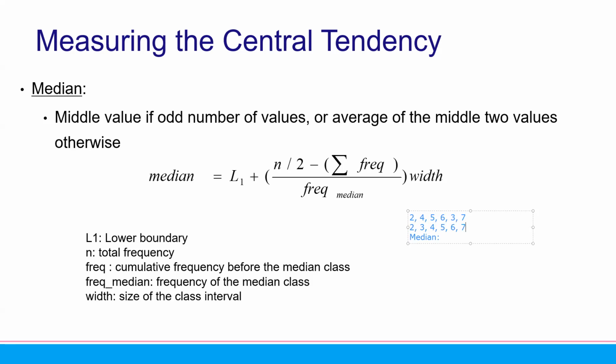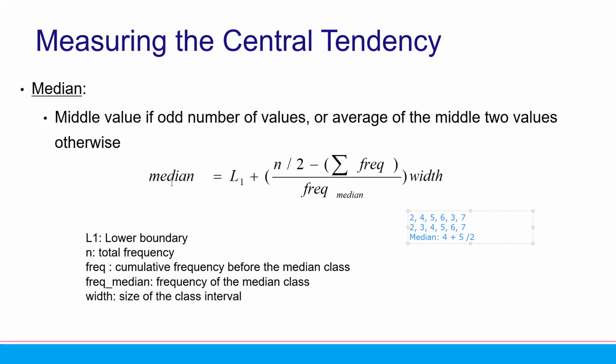In order to find the median, we need to find the mid value. In this case, because we have an even number, so we have 6 numbers, we will do 4 plus 5 and divided by 2. Okay.